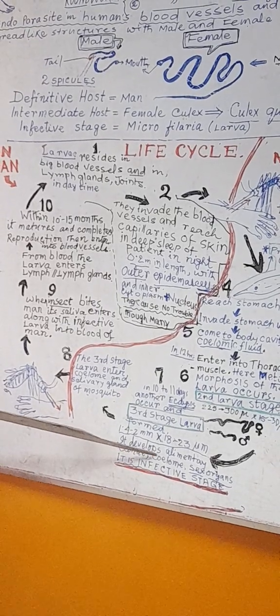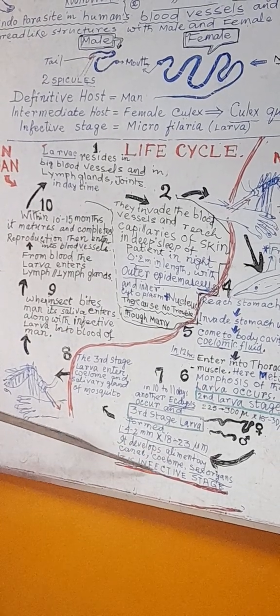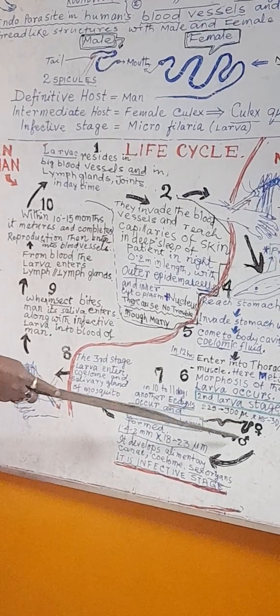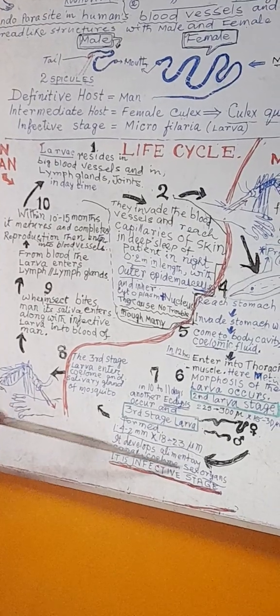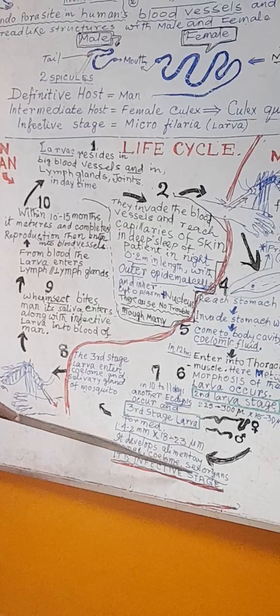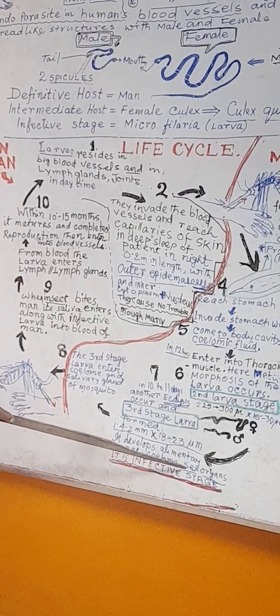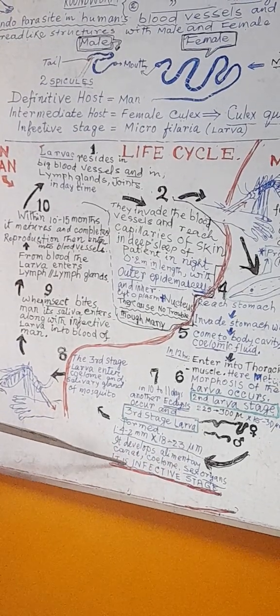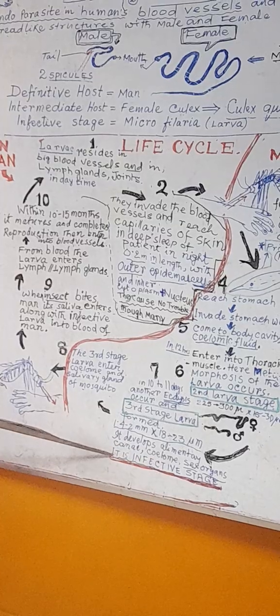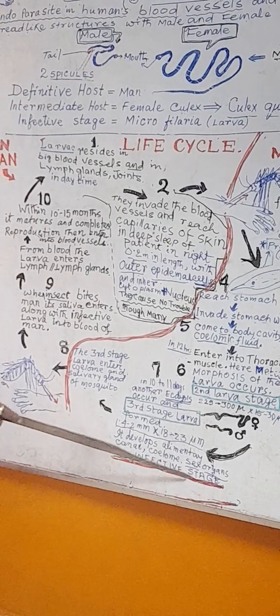When they become adult and mature for attacking, this larva has the alimentary canal, coelomic cavity, and the reproductive and sex organs are formed, and it is the infective stage.